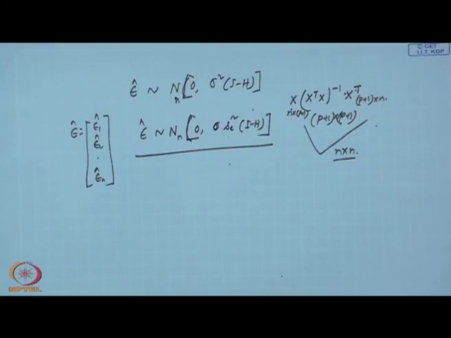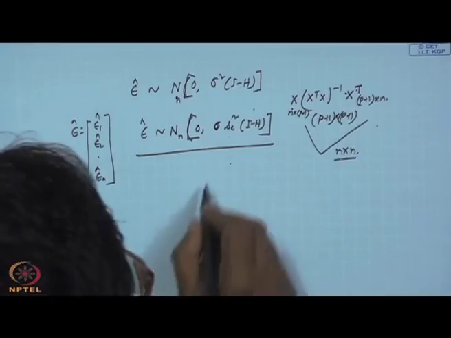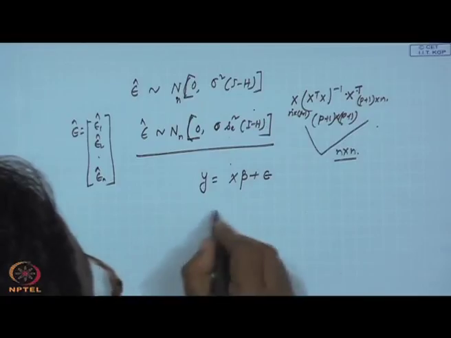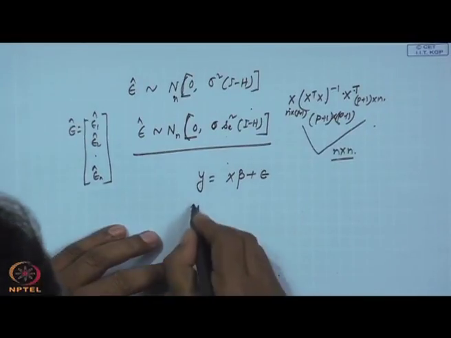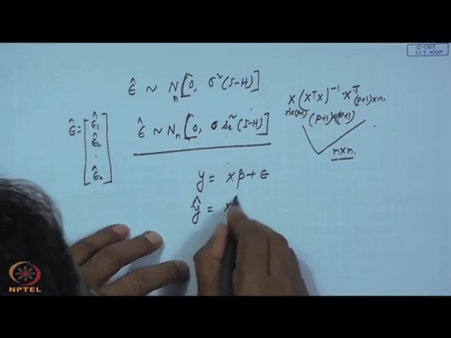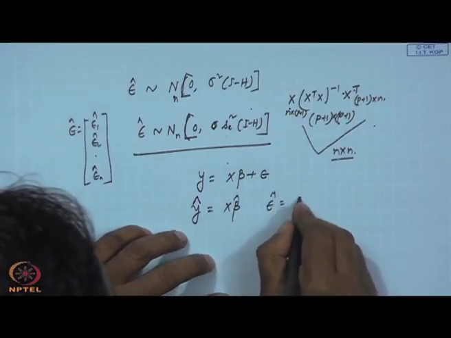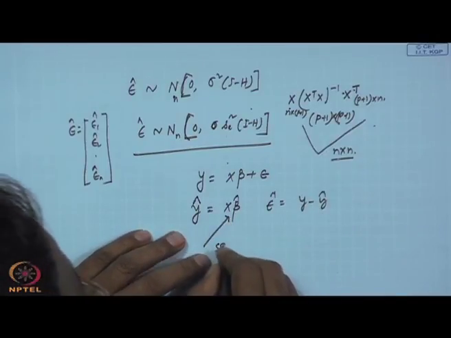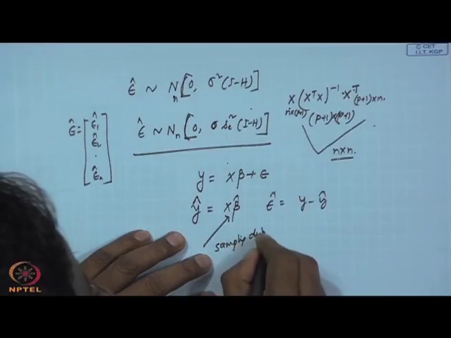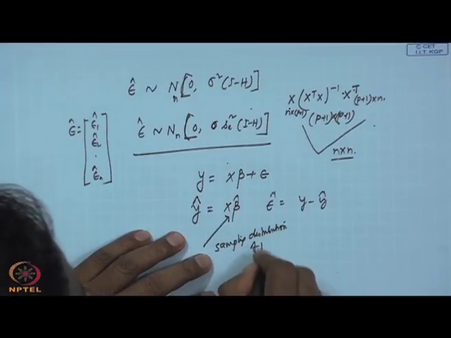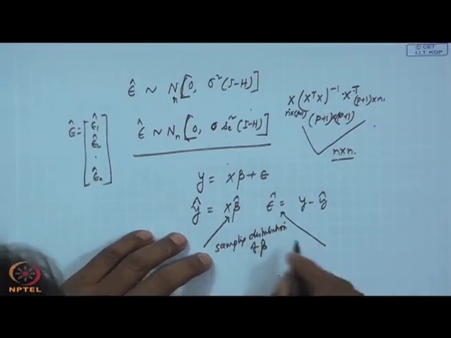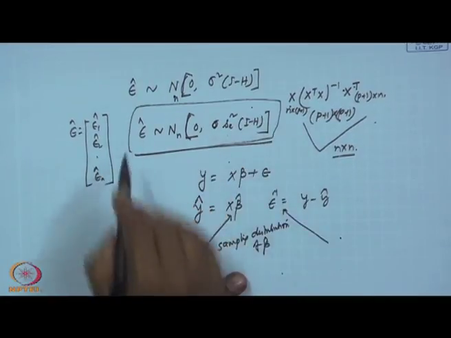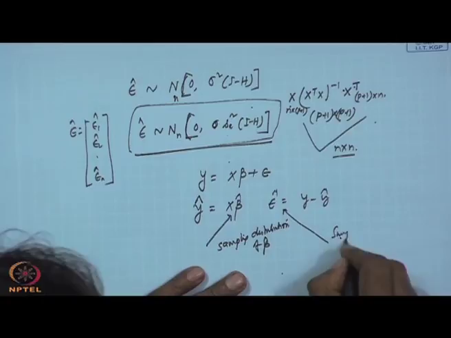Okay. With respect to this y equal to x beta plus epsilon, we have computed y, and epsilon cap is our y minus y cap. So, related to this, the sampling distribution of beta cap, you now know the mean and covariance, and this is also the distribution of epsilon cap.